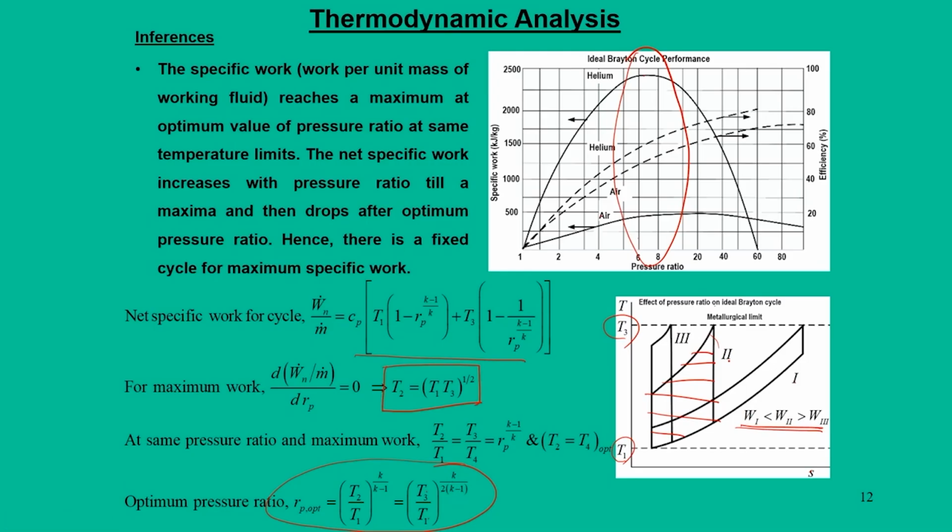So very basic summary is that the choice of working fluid in the gas turbine unit is to design this Brayton cycle in such a way that it should produce maximum power, and for that maximum power we have to use this optimum condition of pressure ratio.